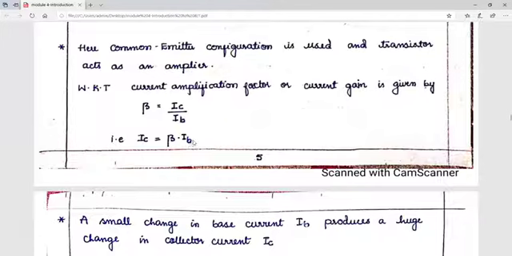So if there is any small change in IB, you can see that there is a large change at the output current IC. So a small change in the base current IB produces a huge change in the collector current IC, because IC is equal to beta times IB.